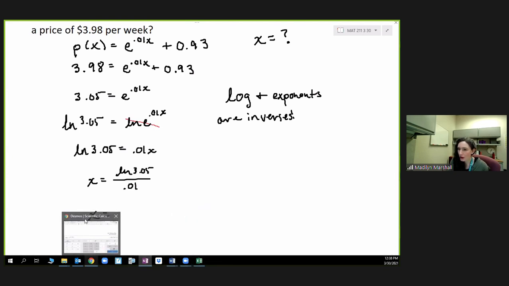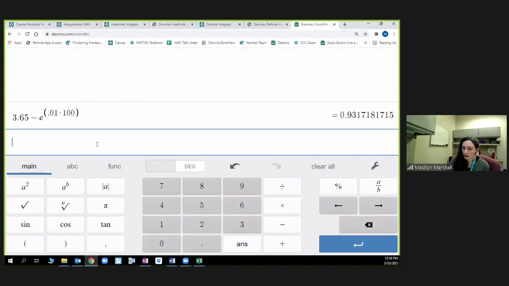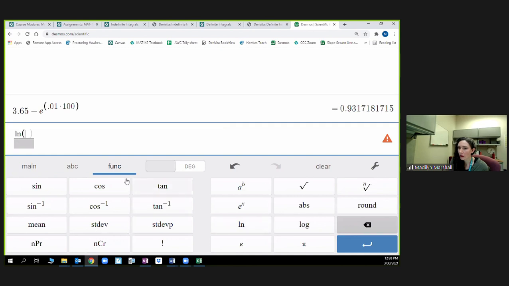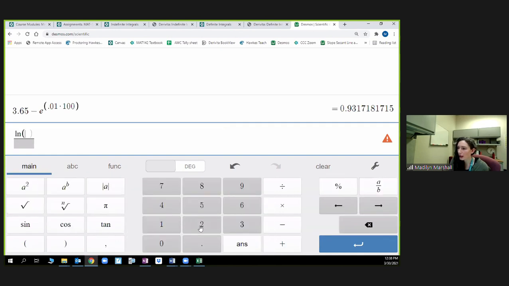And so we had ln of 305 divided by 0.01, and we get 111.5, which, since we're talking about tubes of toothpaste, we'll just round to the nearest whole number, so 112.